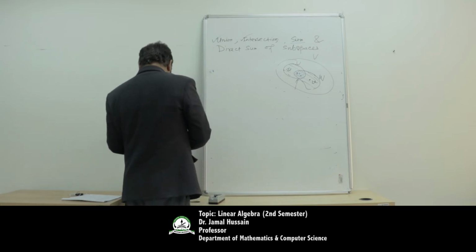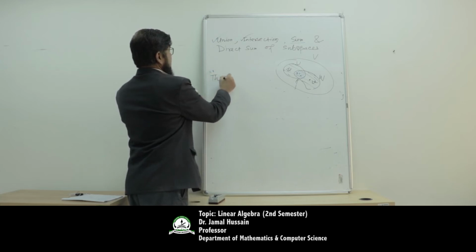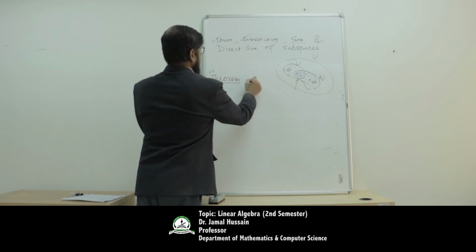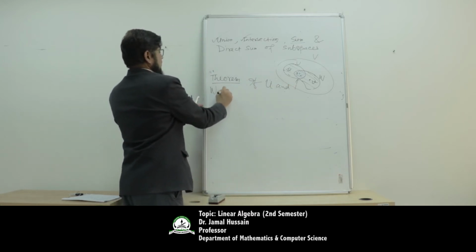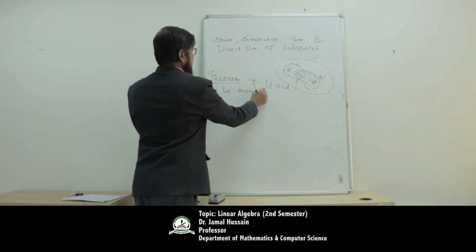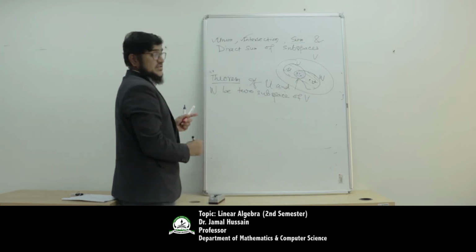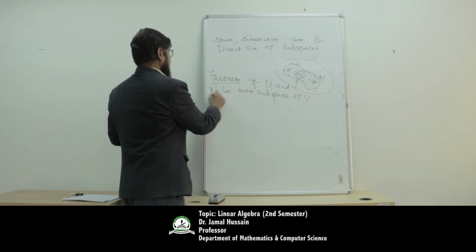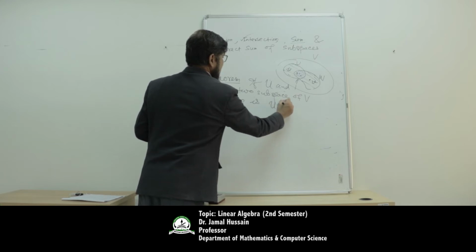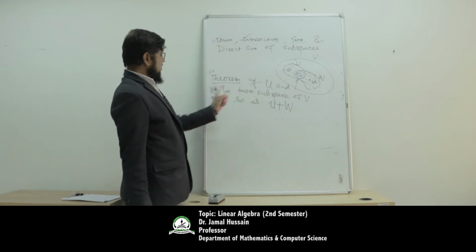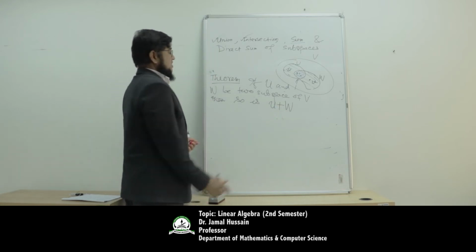The theorem says that if U and W are two subspaces of V, a vector space, then so is U + W. That means if U and W are subspaces, then U + W is also a subspace. So it's again very easy to prove.